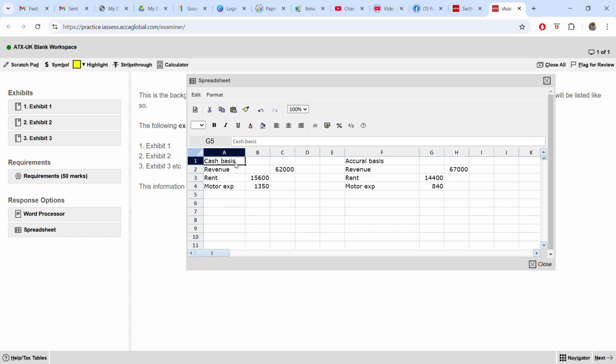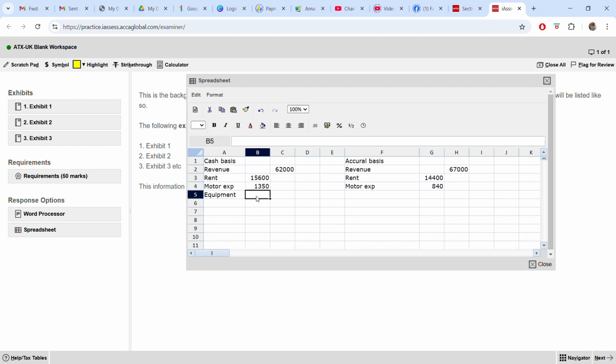Remember, under cash basis, equipment purchase you can deduct. So equipment that was purchased. But equipment purchase you can't claim under accrual basis. It's a capital expenditure.